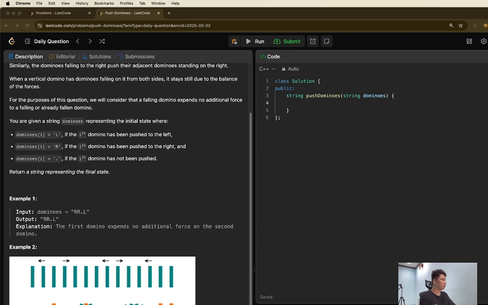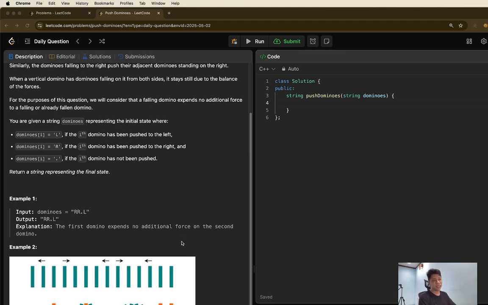But what happens if this is the left, like this? So this R pushes right, and physically left falls to the left and right falls to the right, yeah.